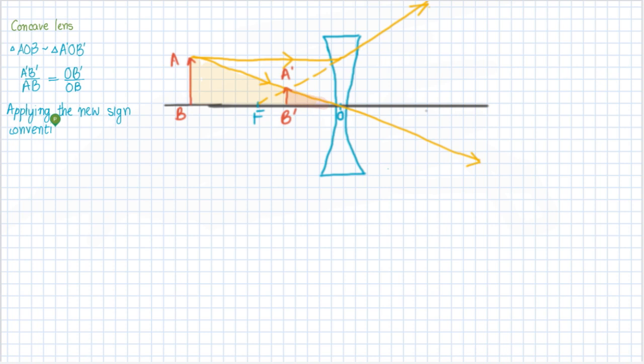According to sign convention, if A dash B dash represents your image height, let us denote this by H2, and if AB represents your object height, which is denoted by H1.